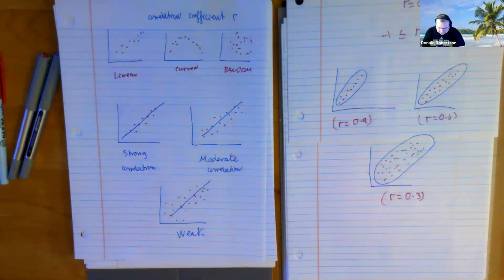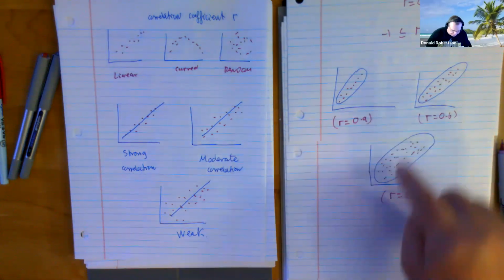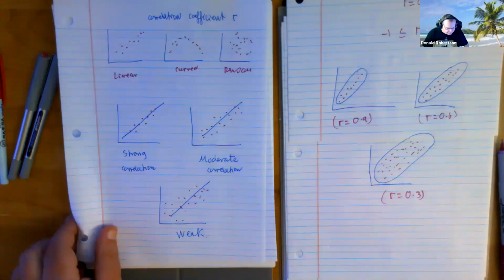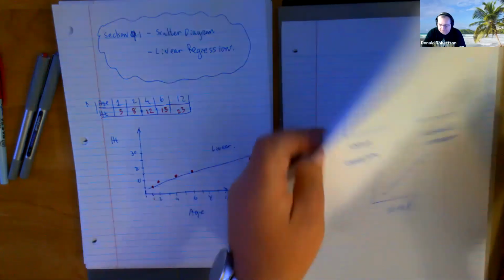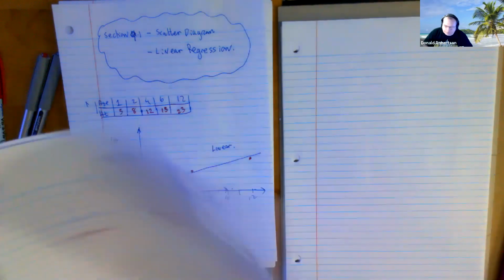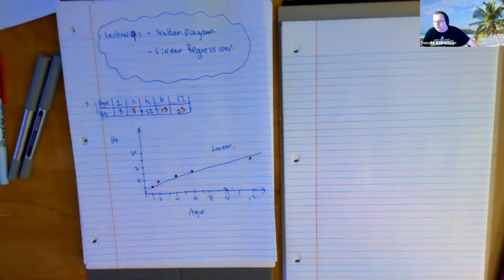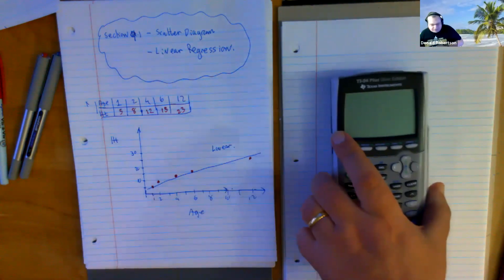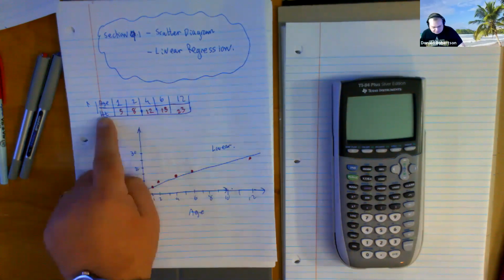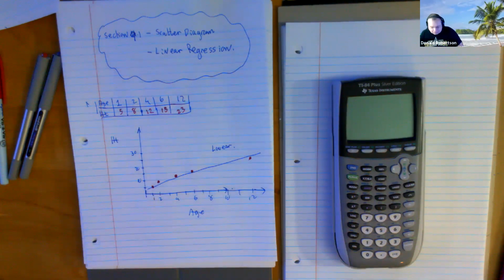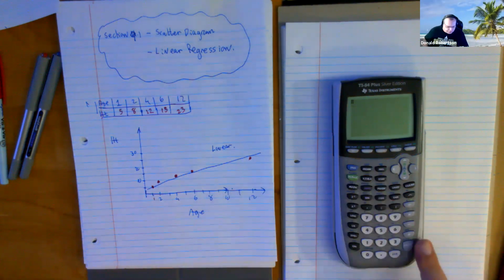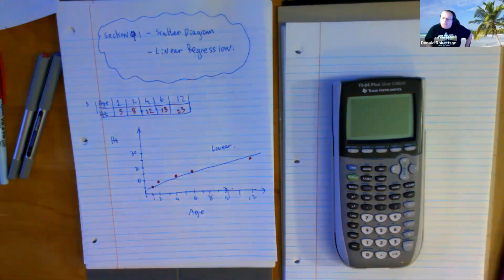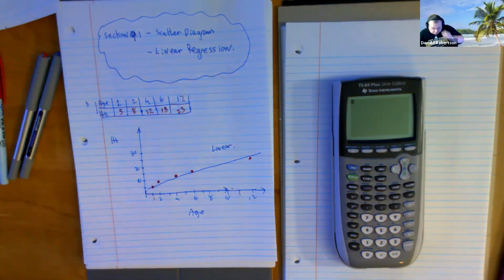Now, you can calculate this R value from your data. You cannot do it by hand, at least I wouldn't, but you can do it on the calculator. So I'm going to take this data set and I'm going to calculate its R value. And first thing I'm going to show you is a nuisance, but once you've done this, you only do it once.